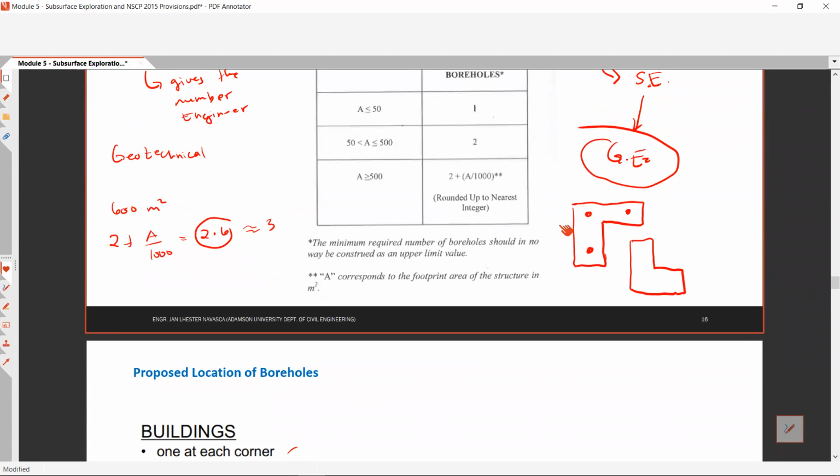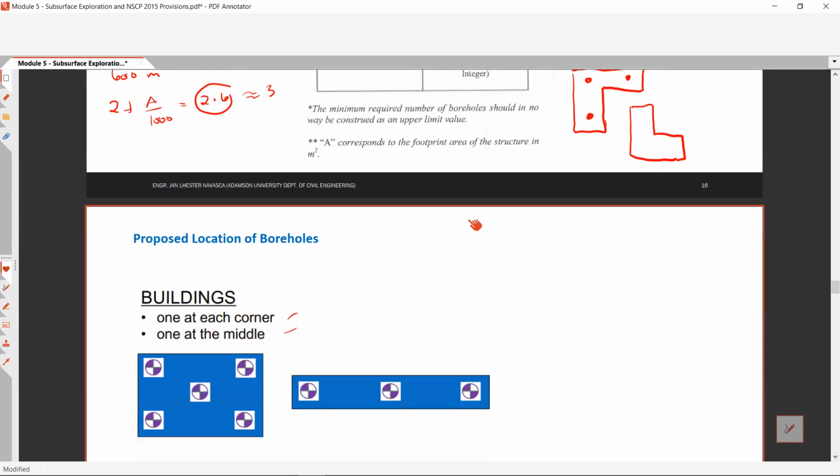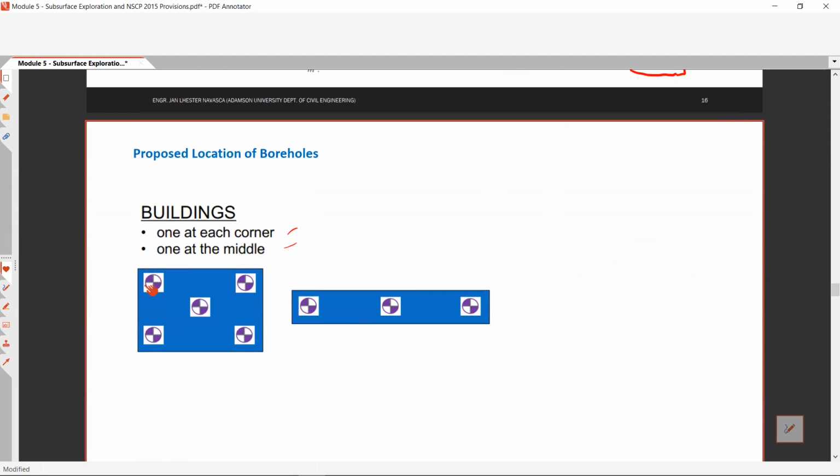Let's say this one needs 3, but you want more samples so you are surer of the soil bearing capacity. Therefore, you can use this general rule of thumb, which is one at each corner and one at the middle.